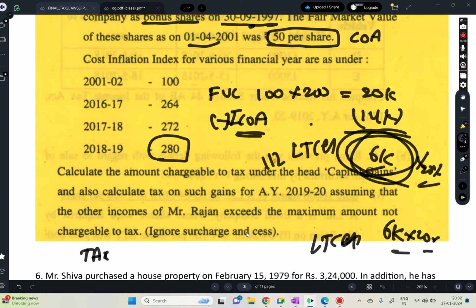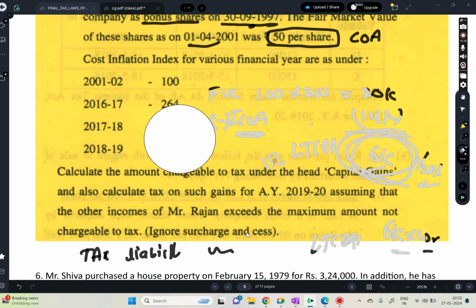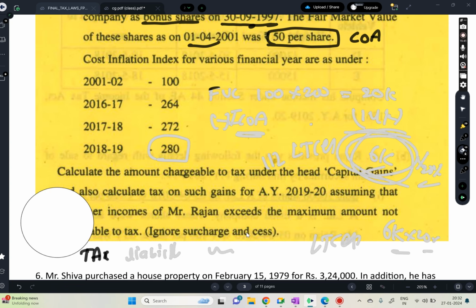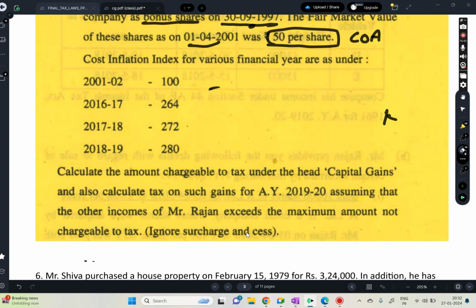If they ask for tax liability or amount payable under LTCG, then you need to do 6,000 into 20%, right? Understood? Okay, that's it. Remaining we discuss in the next class.